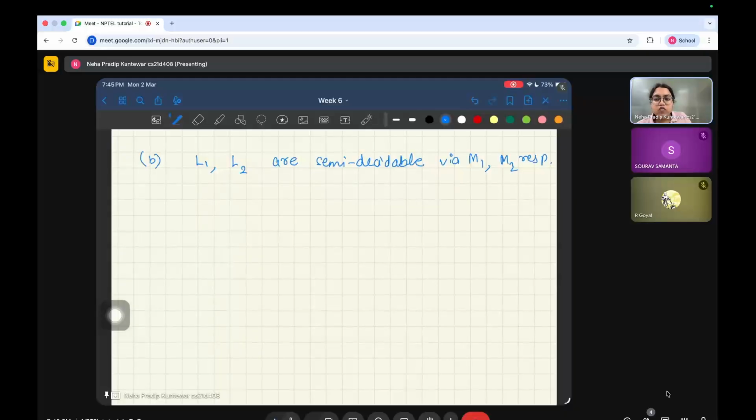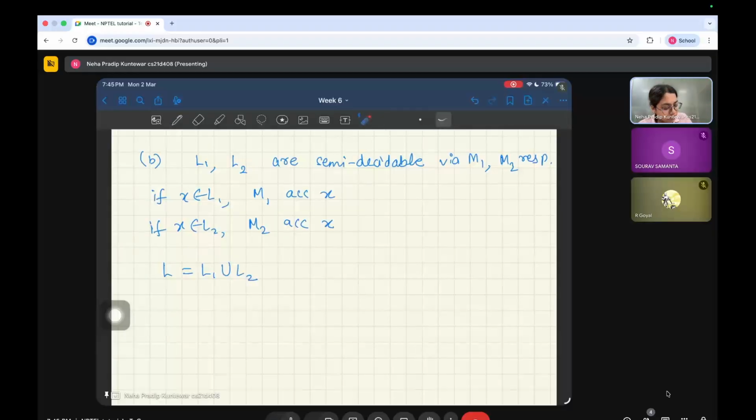So what that means is if x is in the language L1, then M1 will accept x, and if x is in the language L2, then M2 accepts x. Now we want a machine for the language L1 union L2. That is, if x is either in L1 or in L2, then we want to accept.